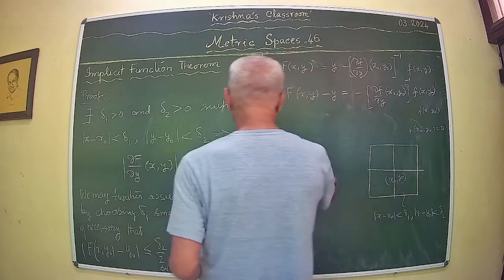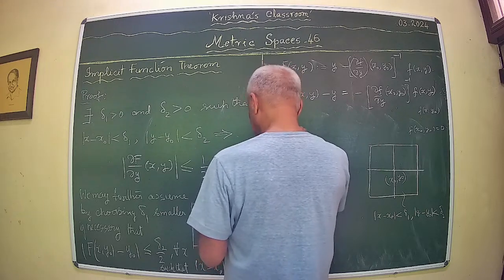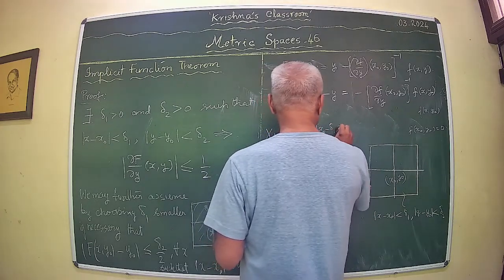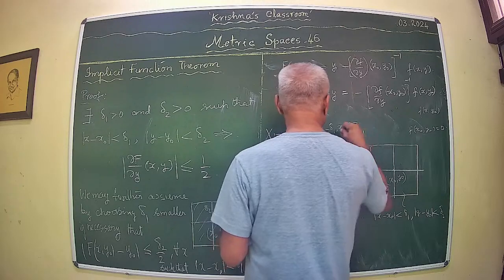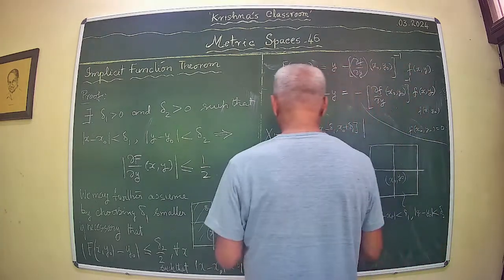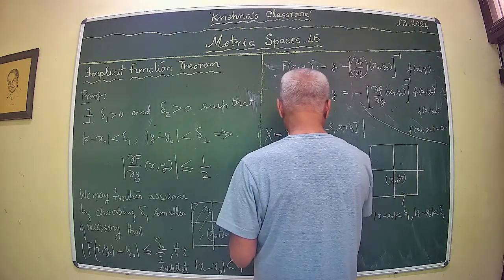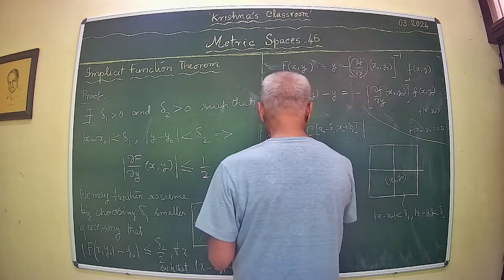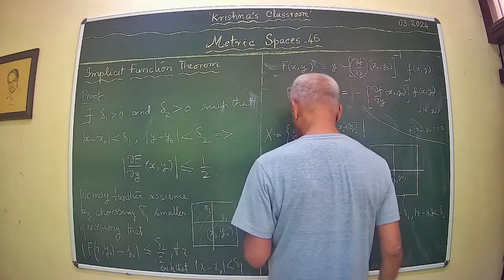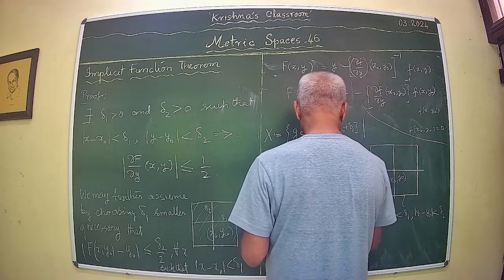Now we will define a space X to be defined as the set of all g which is continuous on the interval x0 minus delta 1, x0 plus delta 1, such that g at x0 equal to y0, and the absolute value of gx minus y0 is less than or equal to delta 2 whenever mod x minus x0 is less than delta 1.